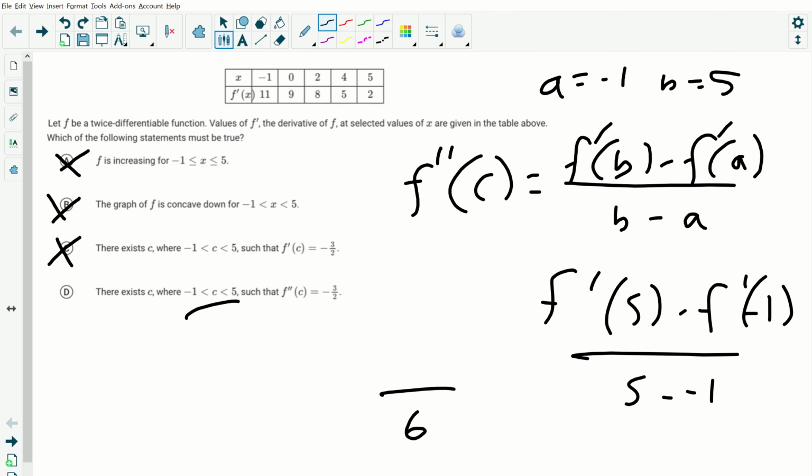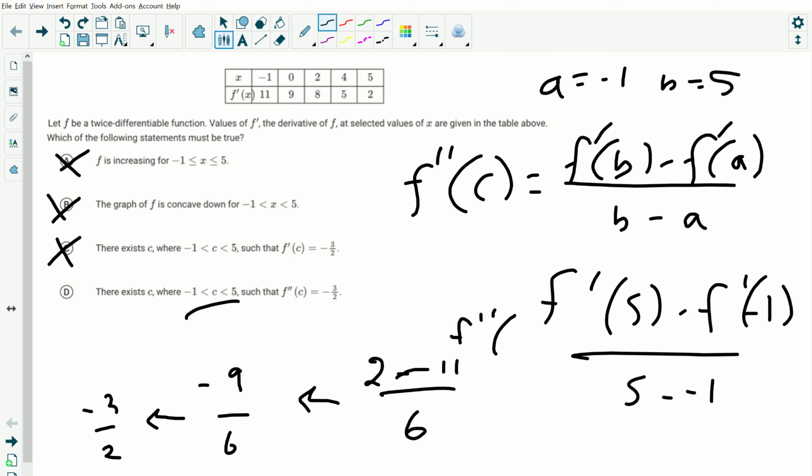I would have 2 minus 11. 2 minus 11 is -9, over 6 is -3/2. So this chain of reasoning leads us to the fact that f double prime of c must equal -3/2.